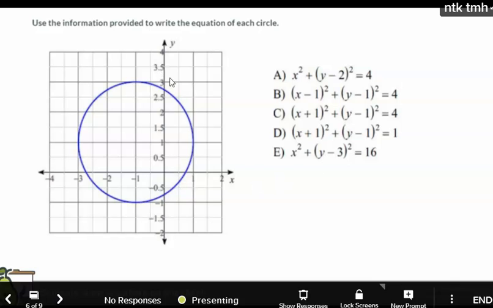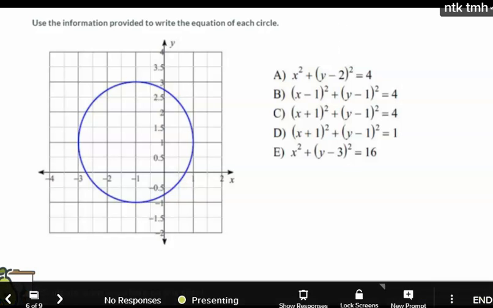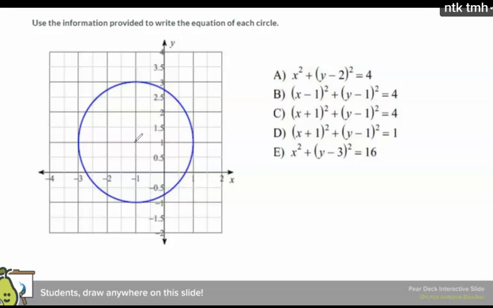Okay, so this is just problem number 1 on 10.5. What I want you to do is I want you to circle the correct equation. So remember that circle formula, x minus h and y minus k equals the radius squared. So I'm going to go ahead and on this screen, I'm going to place the center. The center is right here. The center is at -1, 1.